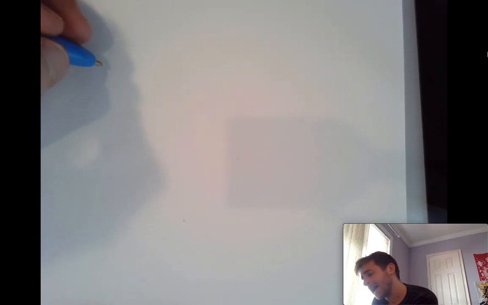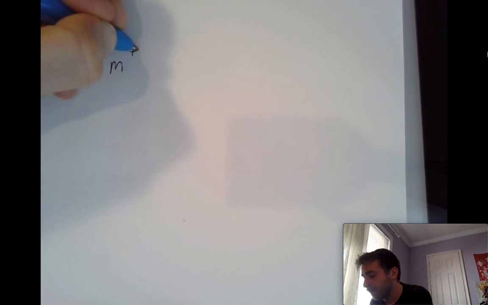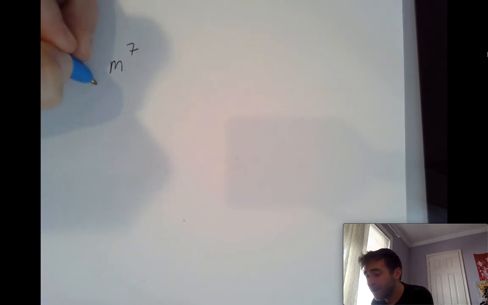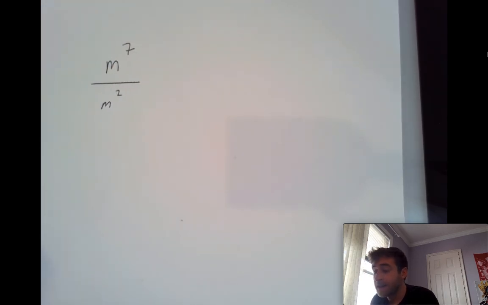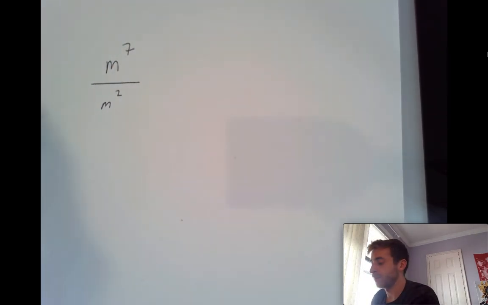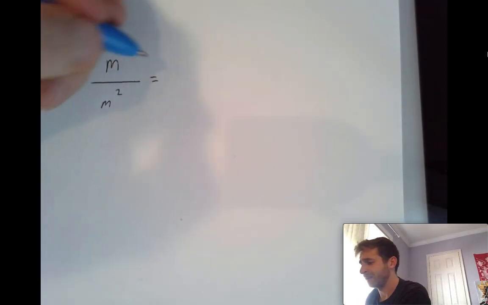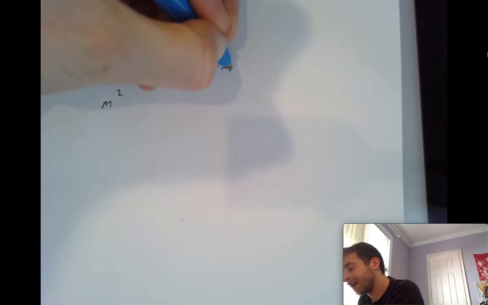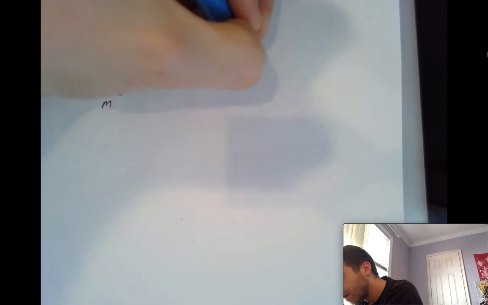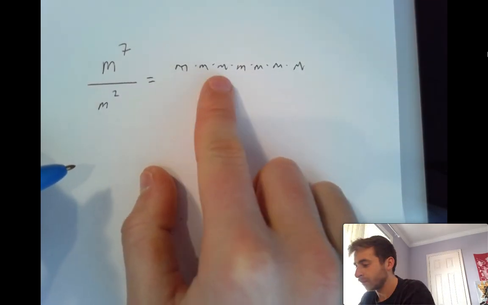Let's say I have m to the power of 7, and I want to divide out m to the power of 2. Now you can break this down, and we'll do it for this example. I know that's really just m times m times m times m, 4, 5, 6, 7. 1, 2, 3, 4, 5, 6, 7.